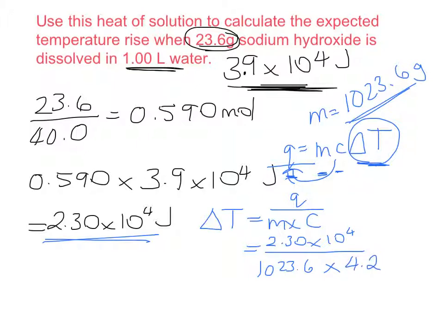Put that in your calculator, and that's going to give us 5.3. Now essentially this is degrees Celsius. So it's basically telling us that when we add 23.6 grams of sodium hydroxide to 1 litre of solution, it is going to raise the temperature by 5.3 degrees Celsius.